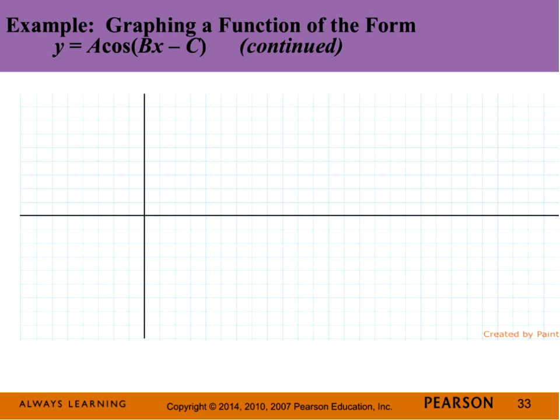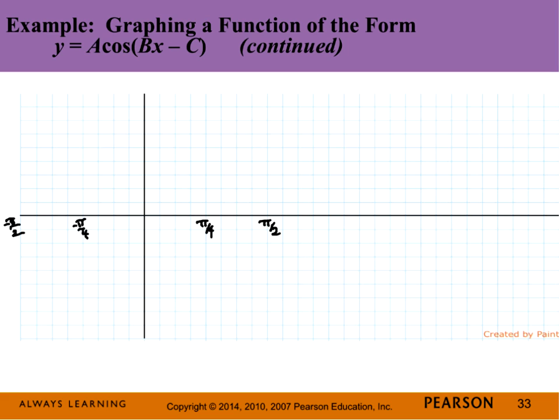Okay, so just to put it on the graph here, let me give you my scale. Negative pi over 4, negative pi over 2, 0, pi over 4, and pi over 2.